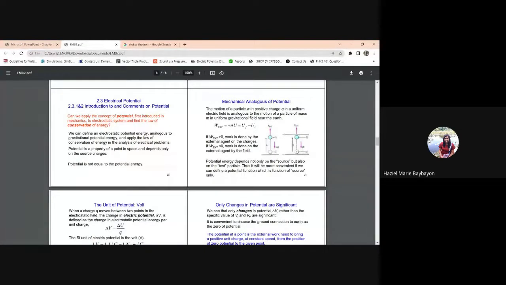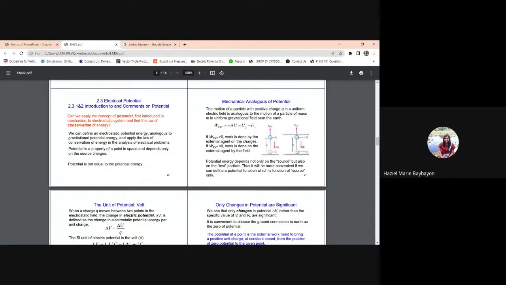It is the same as gravitational potential. If the work is negative, that means the system is doing the work. But if the work is positive, then the applied force is doing the work. So potential energy depends not only on the source but also on the test particle.